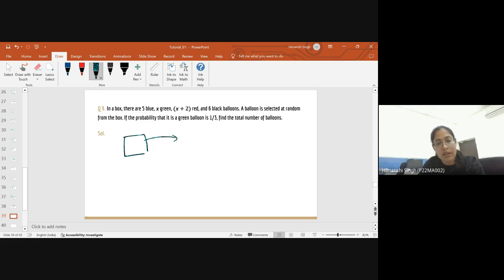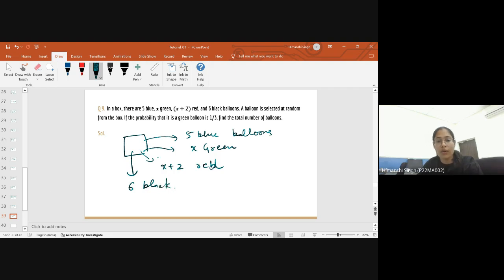There are 5 blue balls and X green balls in this box, and we have X plus 2 red, sorry, balloons, and we have 6 black balloons. So this is a box, and we have these blue, green, red, black balloons in it, and the numbers of balloons are given as 5, x, x plus 2, and 6.